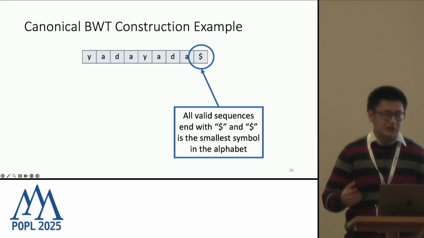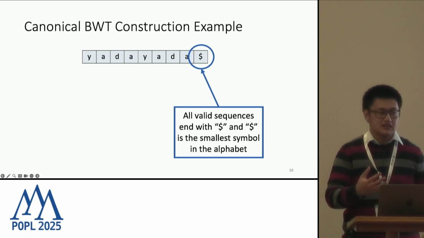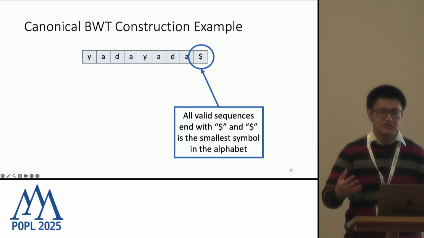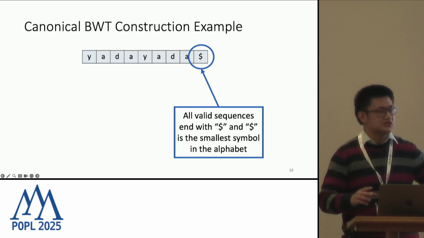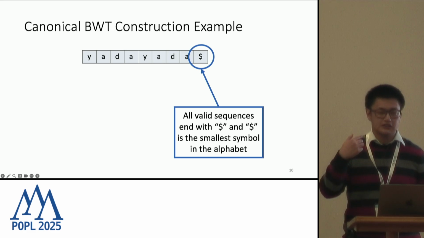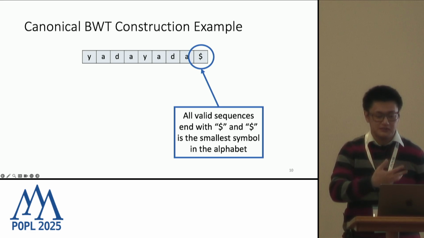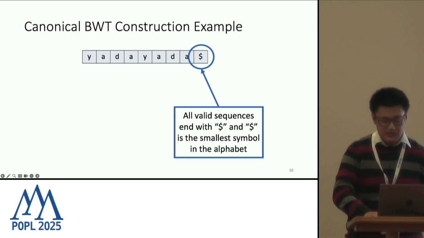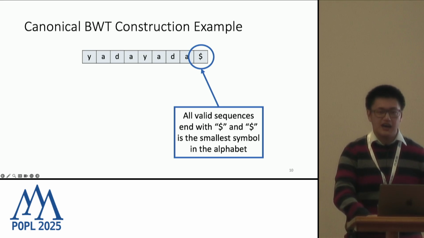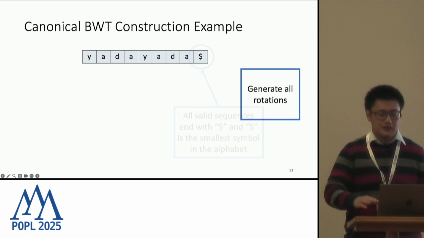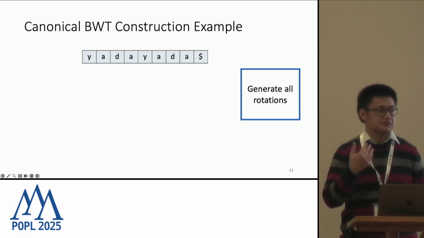The reason we need this for sequences which we pass to the Burrows-Wheeler transform is that we need that symbol so that we can invert the result. But more on that later. So given such a sequence, how do we construct the Burrows-Wheeler transform? First, we generate all of its rotations.